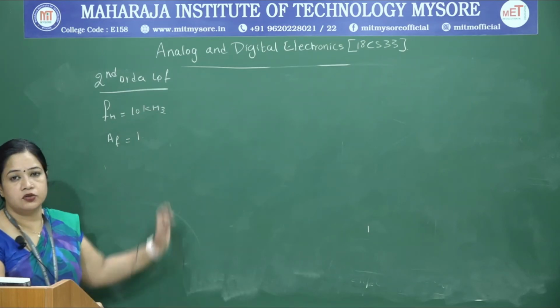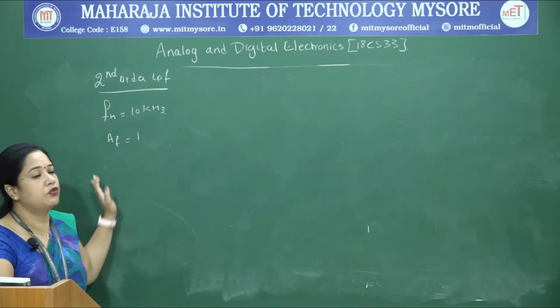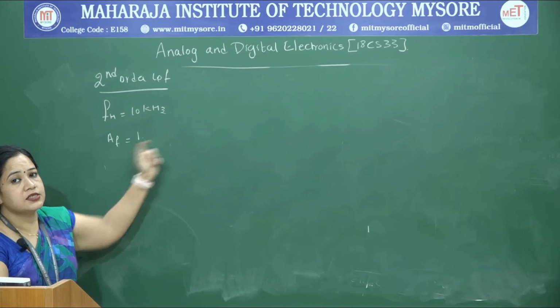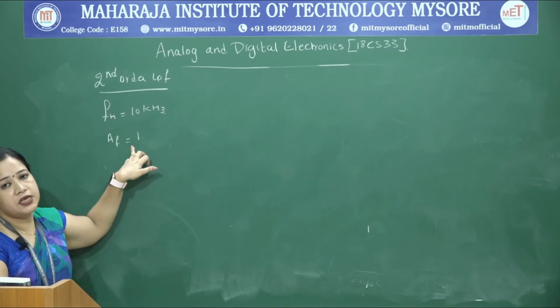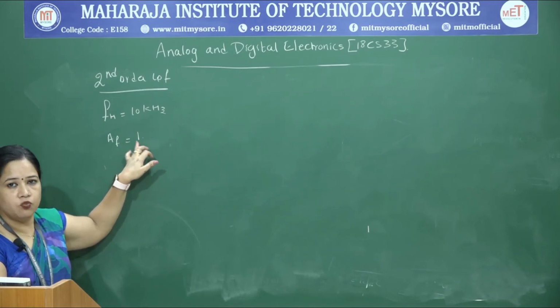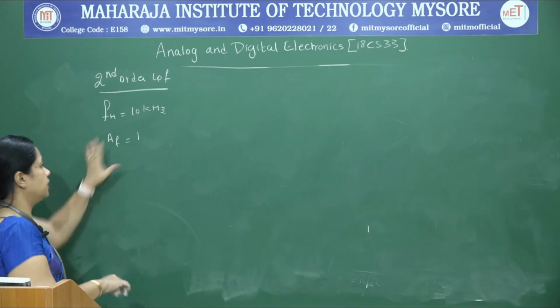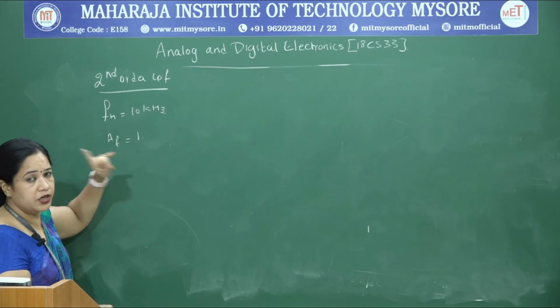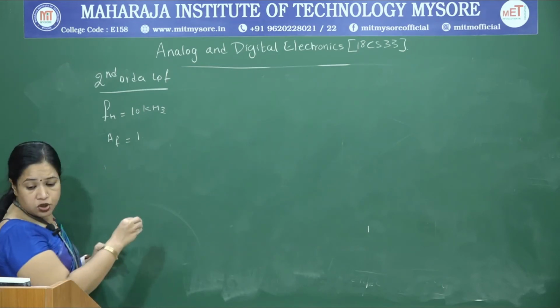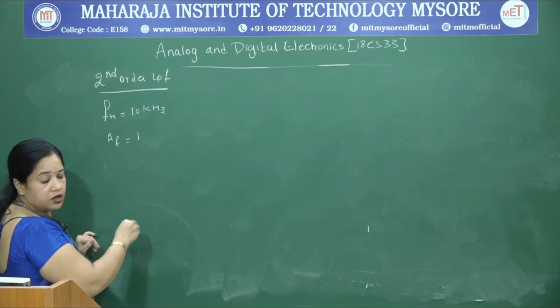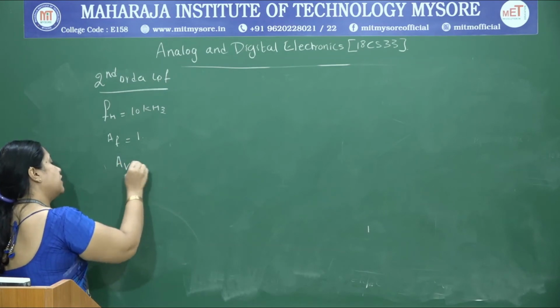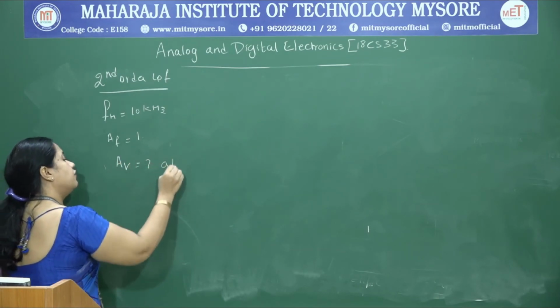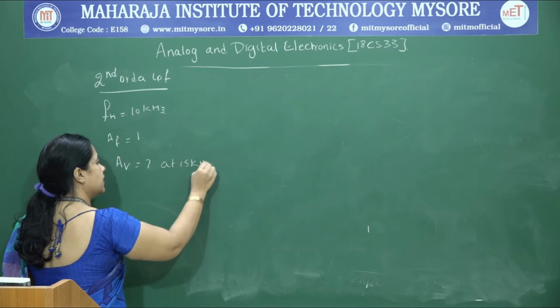With a gain of 1, you will not have to determine the feedback resistances R1 and RF, so you just connect it back. We are not to determine RF and R1 because the pass band gain is unity. And you are also asked to calculate the voltage transfer ratio at 15 kilohertz. I will come to this later.